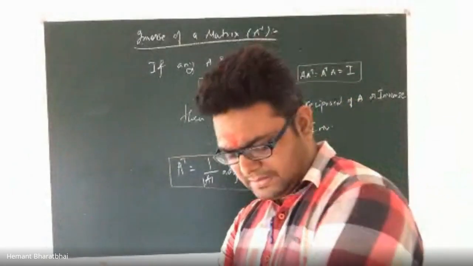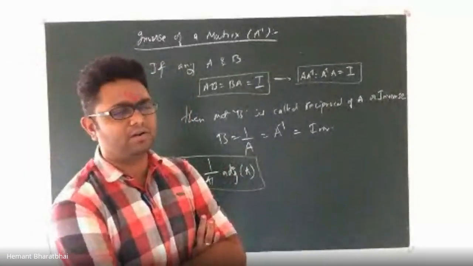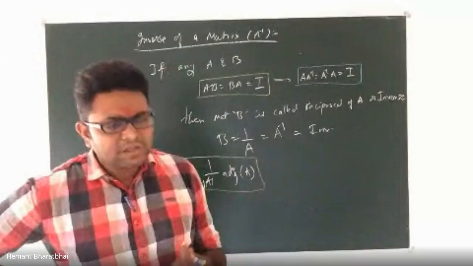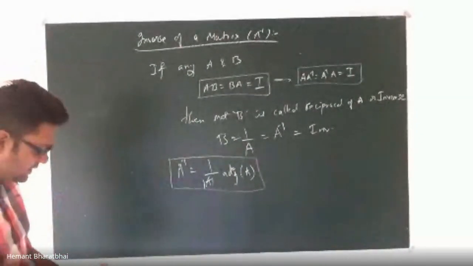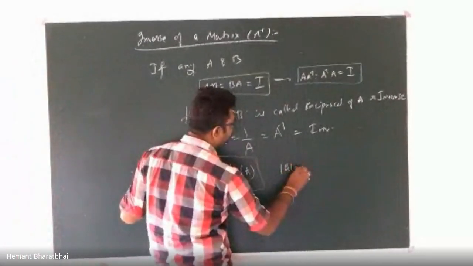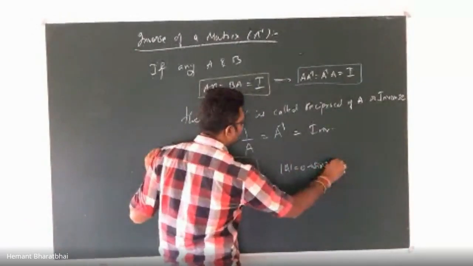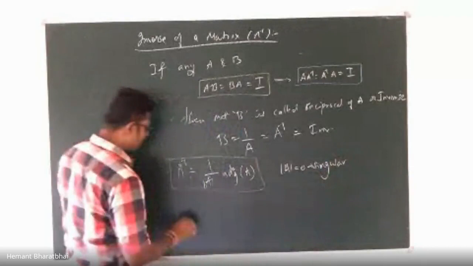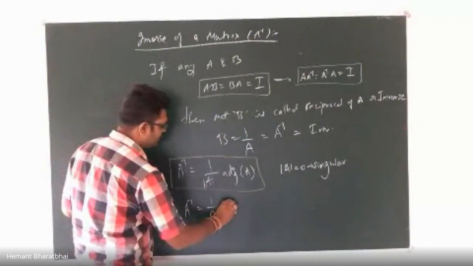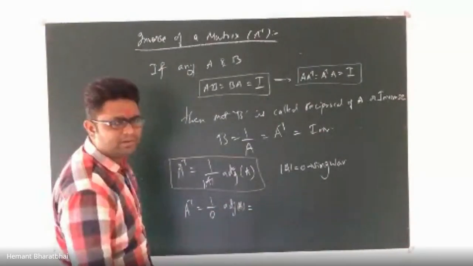Now if you remember, a few minutes back we had seen the singular matrix and non-singular matrix. For a singular matrix, my determinant is 0. If I try to find A inverse, what will I get? I'll get 1 upon 0 into adjoint of A. Now what is 1 upon 0?